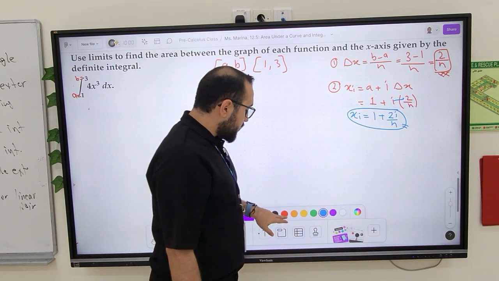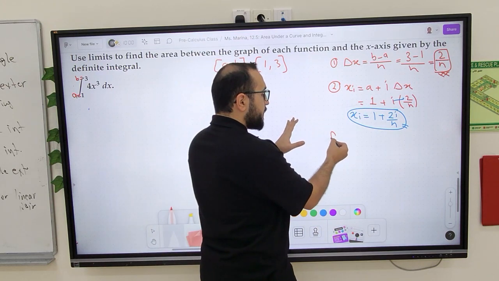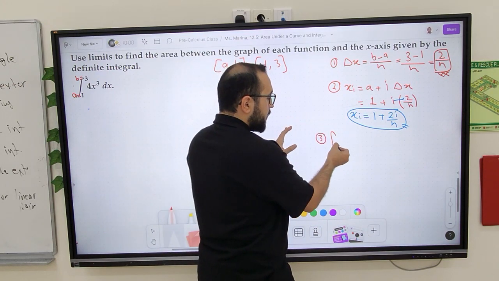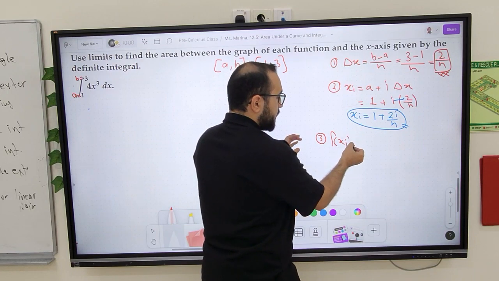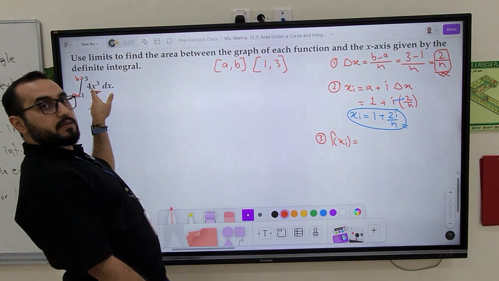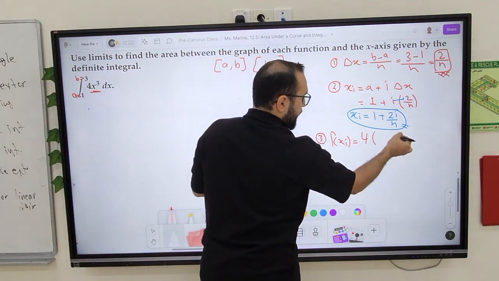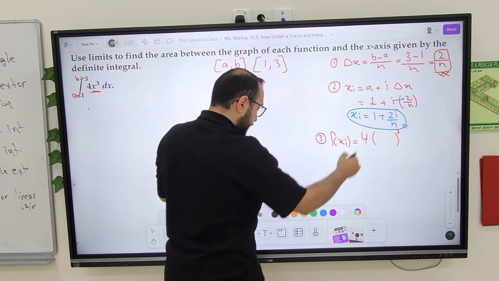Now the third step, as I told you, is not necessary but I recommend doing it, which is finding f of xi. So third step, find f of xi. What is f of x? F of x is 4x cubed, as you can see here. So we replace every x with xi.